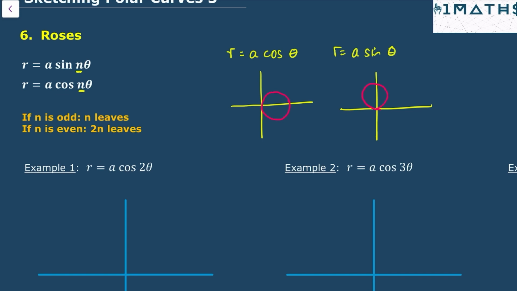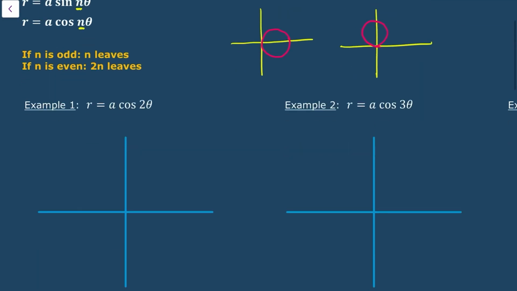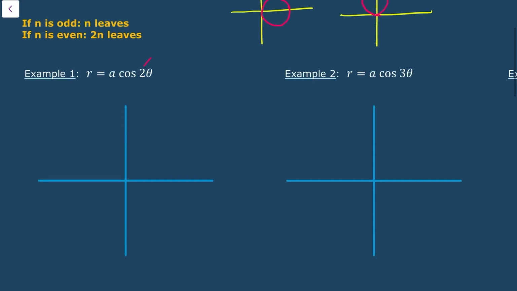As we increase the value of n, for r equals a cos 2 theta, this is now even. So I'm going to have 2 times 2 leaves in this graph. And this graph will look like this.